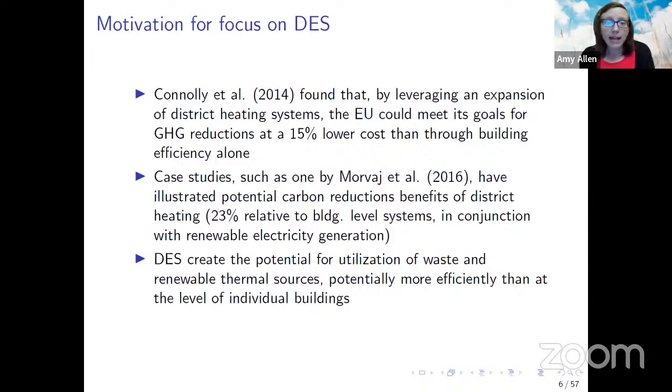And many past studies in this area have addressed older generations of district heating systems specifically. But the nature of 5G DHC systems can make their implementation cost-effective at lower load densities than conventional district heating systems would be.